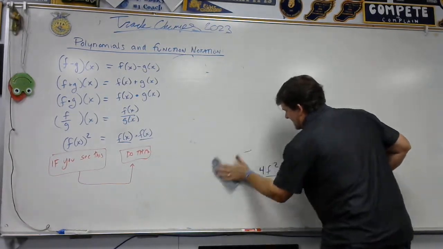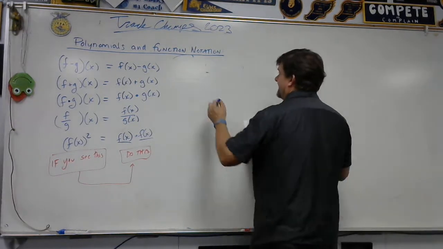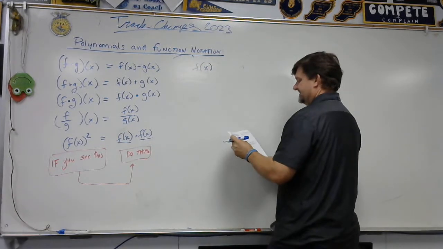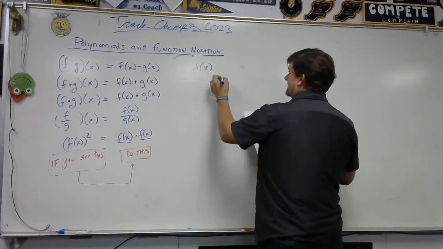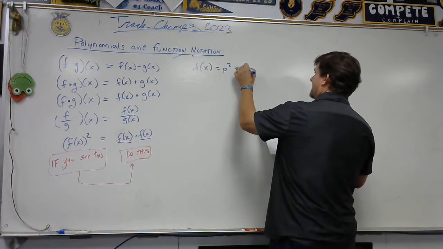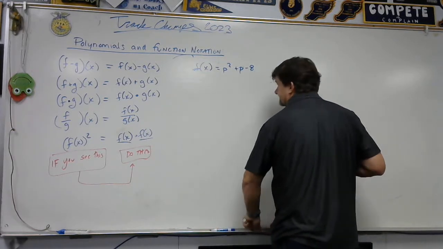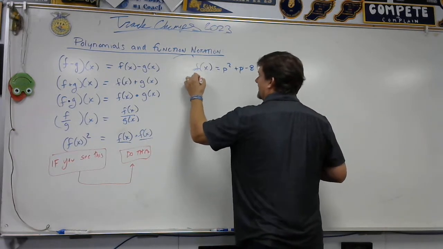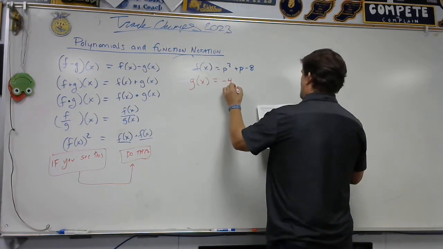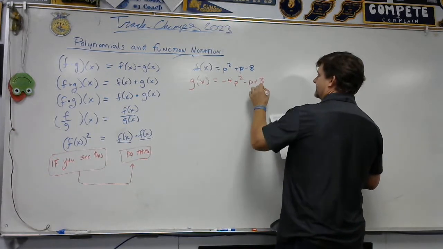All right, so let's look at this next one. What if f of x was p squared plus p minus 8, and g of x was equal to negative 4p squared minus p plus 3.